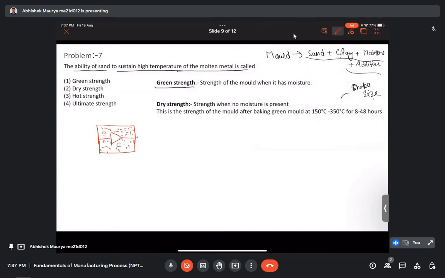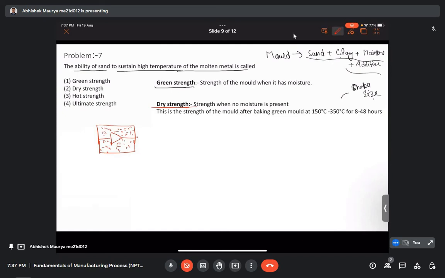We try to improve the strength of the grain mold by drying it or by removing the moisture, and the strength which we get after baking or removing the moisture from the mold is called dry strength.